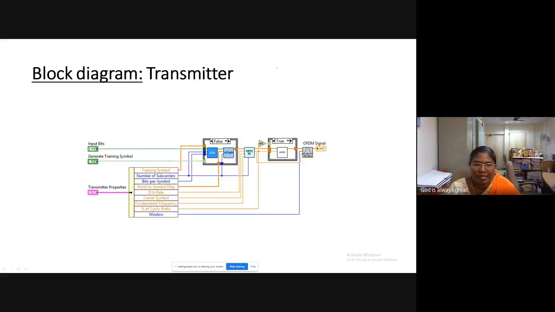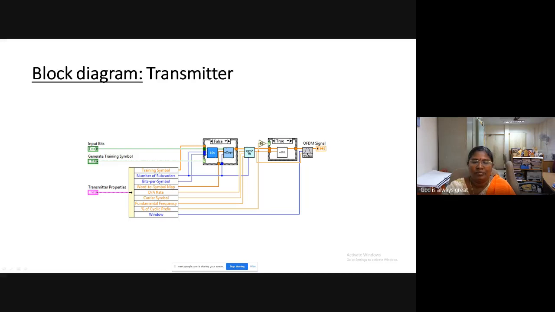So this is a block diagram page. This is what the block diagram page will have. You are going to take your input bits and your training symbols. Inside this, you are going to use many sub-VIs, like the bit to word converter. You can see B to W here. This is one sub-VI which will do bit to word conversion.